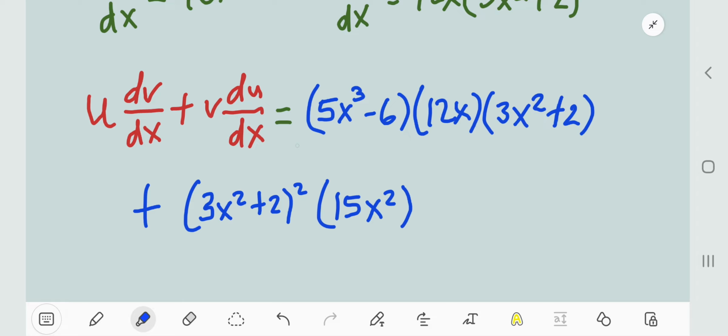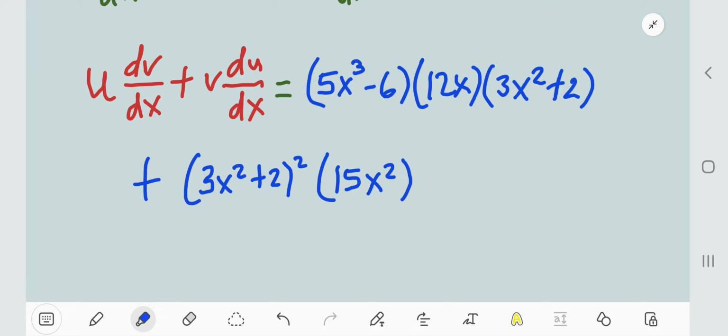We are going to try to factor out the expression. Let's focus on 12x and 15x squared. They are both divisible by 3x.